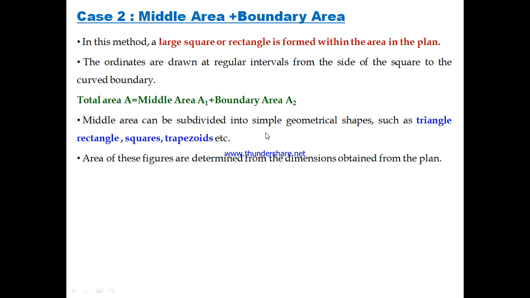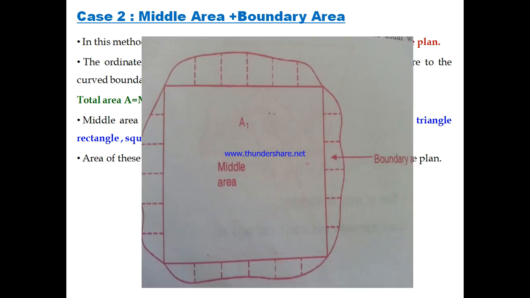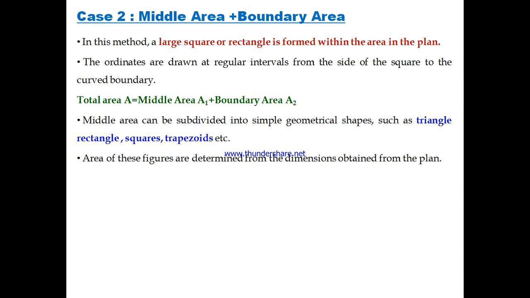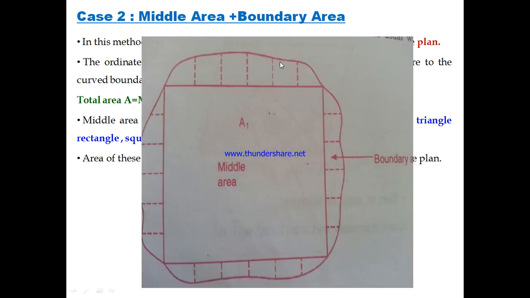Now the middle area can again be subdivided into similar geometrical shapes like triangle, rectangle, square, trapezoid. From this figure we can easily see how the dimensions can be obtained. For example, this is an irregular figure.